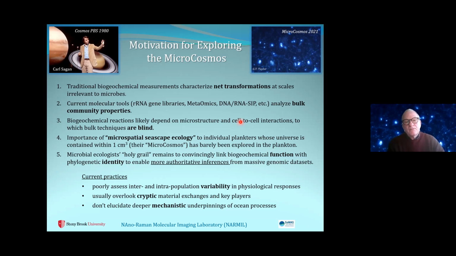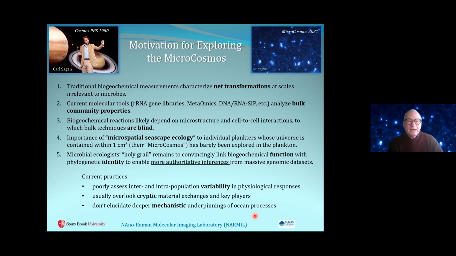As I'm fond of saying for quite some time, our holy grail as microbial ecologists is to be able to convincingly link biogeochemical functions, activities that we measure in bulk, to the identity of the key players. Being able to do this will allow us to make more authoritative inferences from these massive genomic databases that we are gathering.